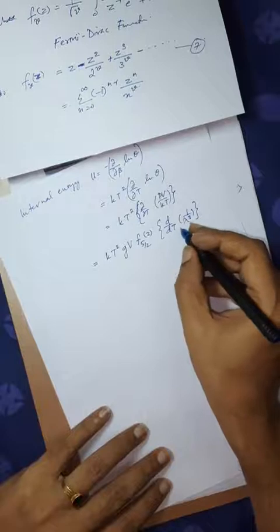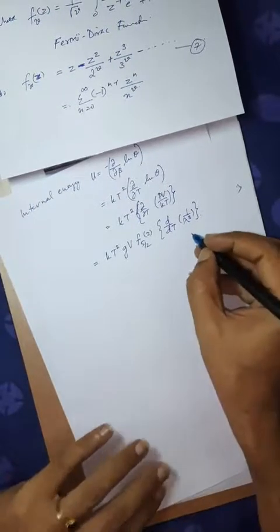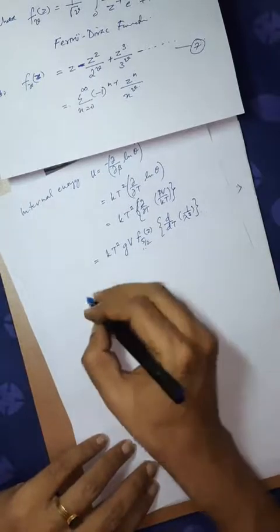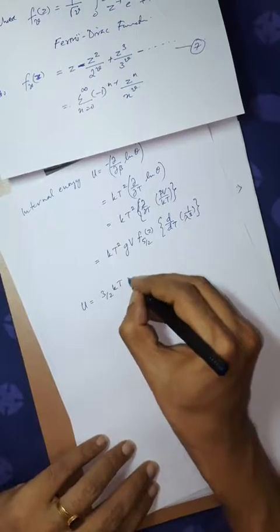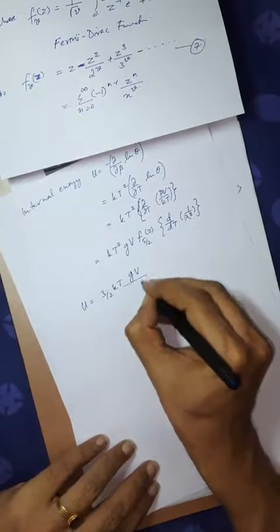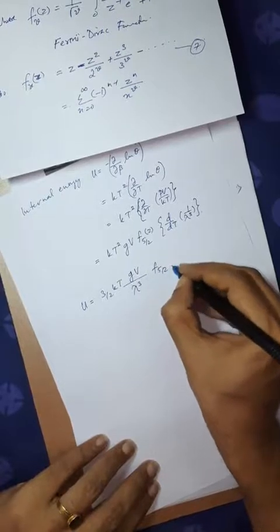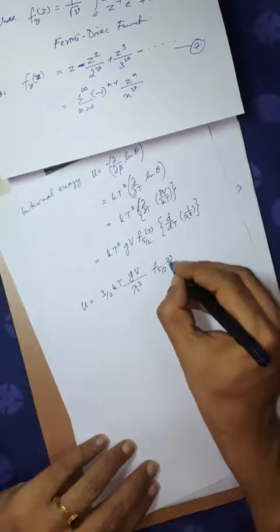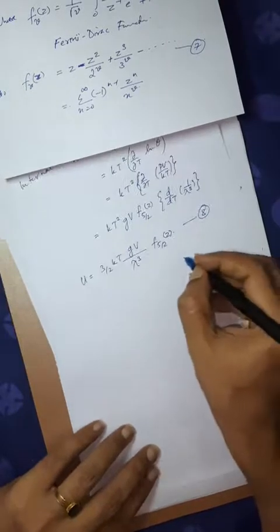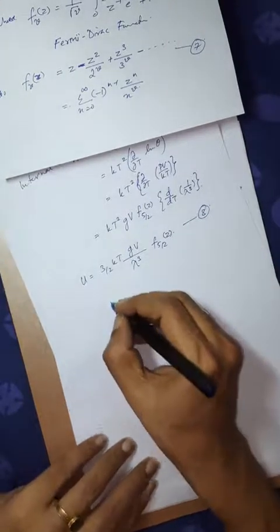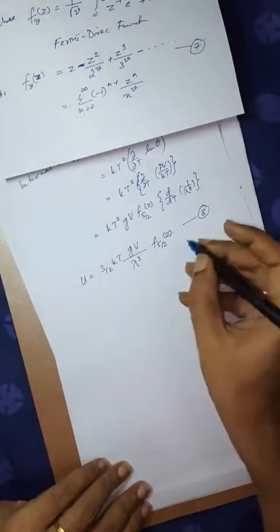So when we do the differentiation with respect to temperature of the lambda cube, finally what I get is that U is equal to 3 by 2 kT g V by lambda cube f of 5 by 2 z. Okay, this is one way of writing it.